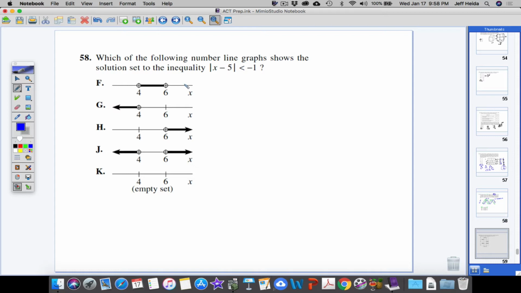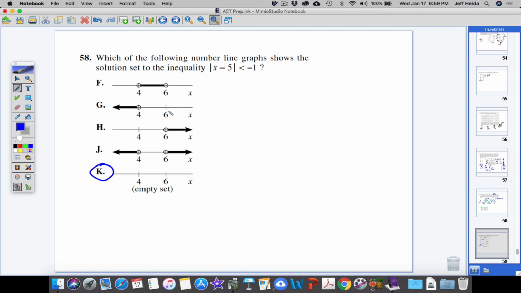For this problem, you need to remember absolute value is always positive. If the absolute value is always positive, there's no value of x that will make the absolute value less than -1. So it's the empty set because the absolute value is always positive.